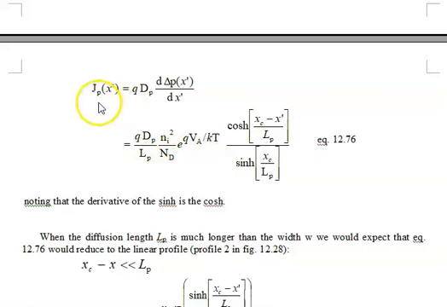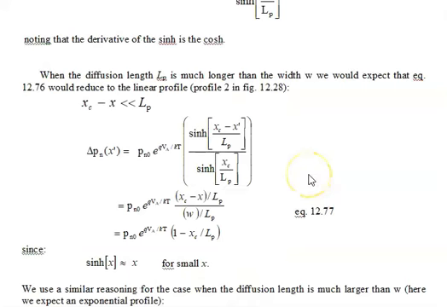I have exactly the same expression for the electrons in the p-type region, except some of these constants would be different. D_P would turn into D_N, L_P would turn into L_N, and N_D would turn into N_A. Other than that, everything would be pretty much the same.